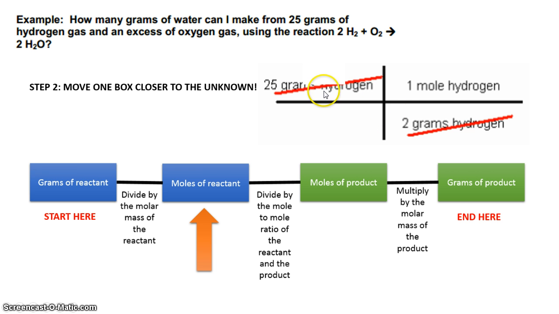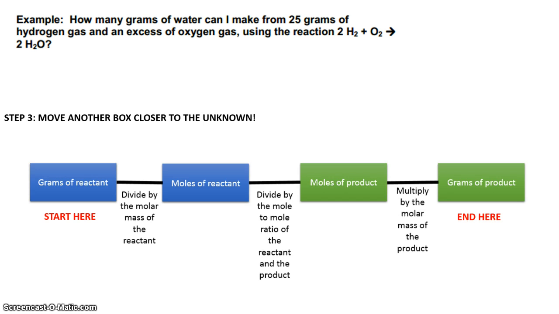I'm going to set up my T-chart method, and I know that hydrogen has a molar mass of 2 grams per 1 mole. And I want grams of hydrogen to cancel, so I need to put 2 grams of hydrogen on the bottom part of my T and 1 mole of hydrogen at the top because I want the answer in moles right now. All right, that's step 2.